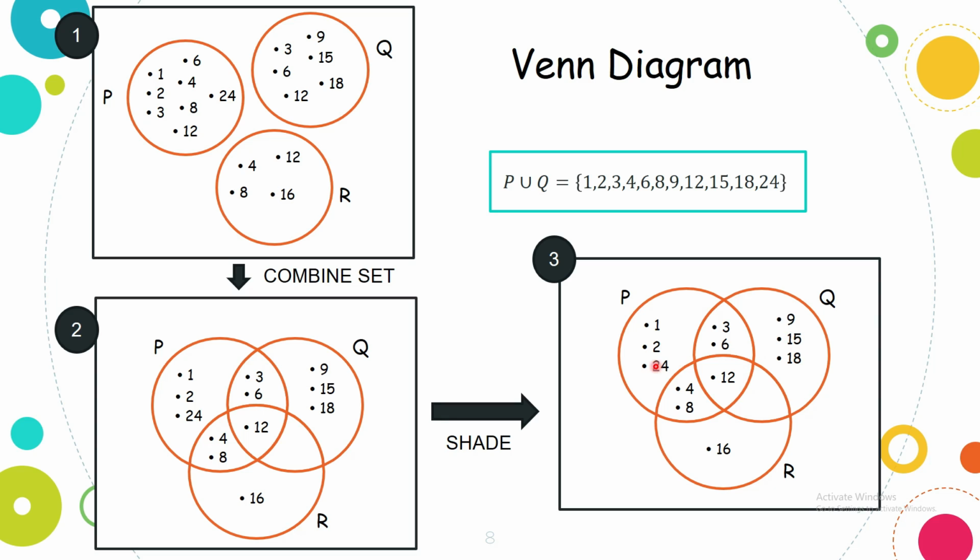Okay, 9 also. This circle and this circle, we will shade this region. That is how we use a Venn diagram to represent this kind of operation.